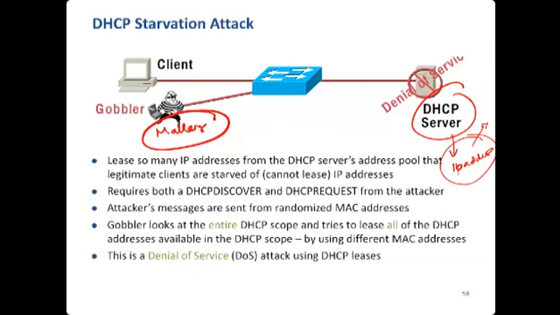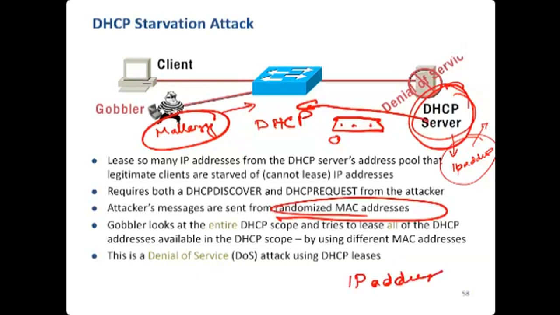A large number of MAC addresses she creates and keeps sending DHCP requests. The DHCP server will respond to each message with an offer, and Mallory will accept it. So she will consume the entire scope of IP addresses. So the entire DHCP scope is available now with Mallory.